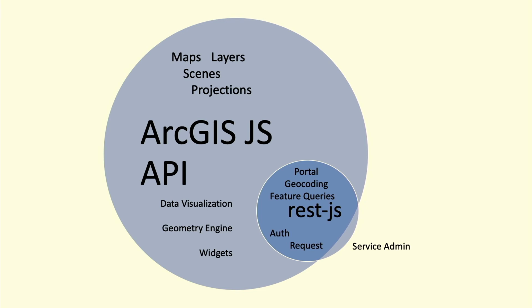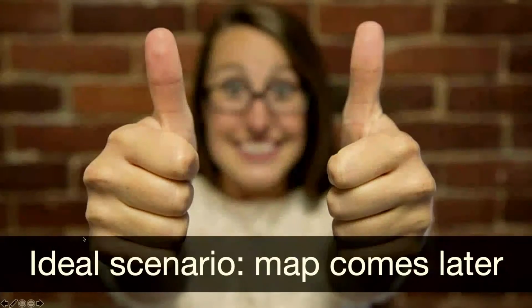Obviously, it does a lot more, and probably in most cases your application is going to need a lot more than what REST.js does. So if most applications do need all of this, then why does REST.js exist?